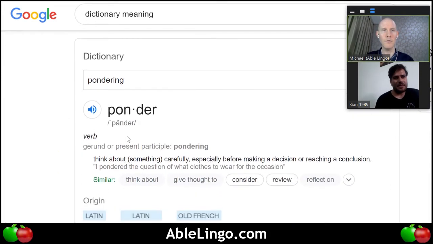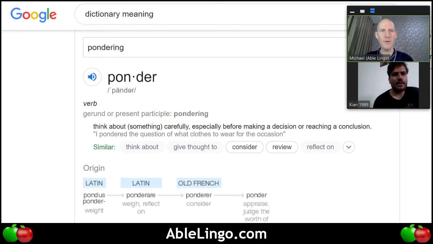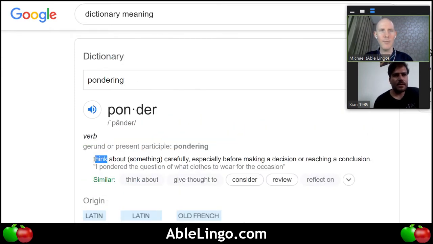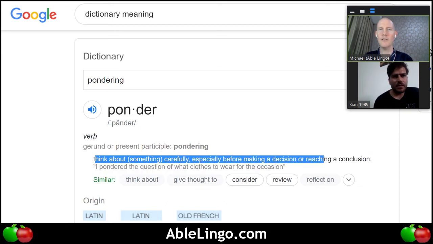All right. So the verb to ponder. Can you hear this? Ponder. Did you hear that? Yeah. It's cool. And it's American because Google's an American company, so you can hear the American accent. Ponder. All right. So here we go. Think about something carefully, especially before making a decision or reaching a conclusion.